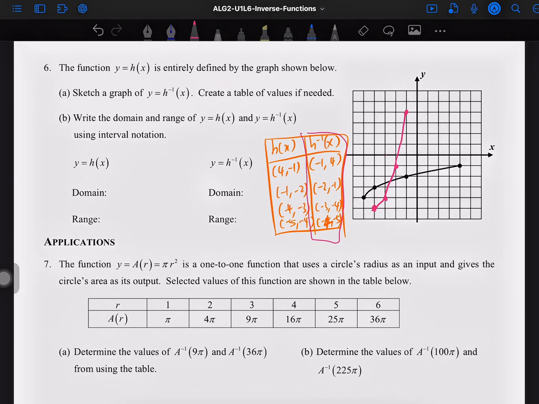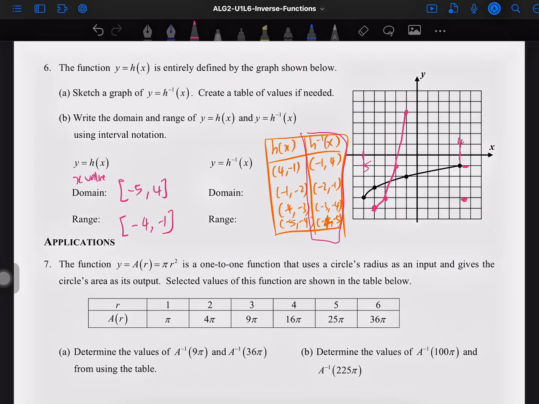The domain is the x values, so it is -5 to 4. And the range is the y values, here and here, meaning -4 and -1.